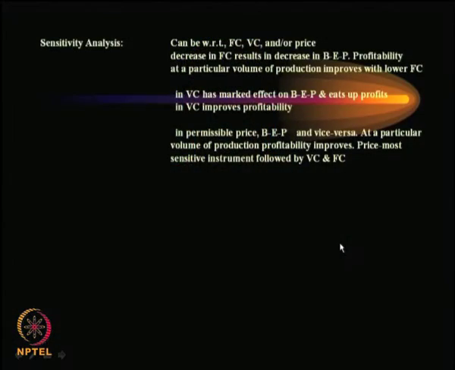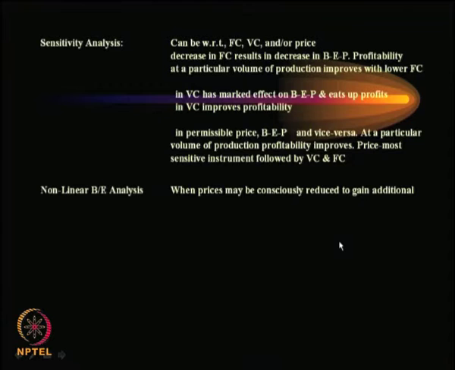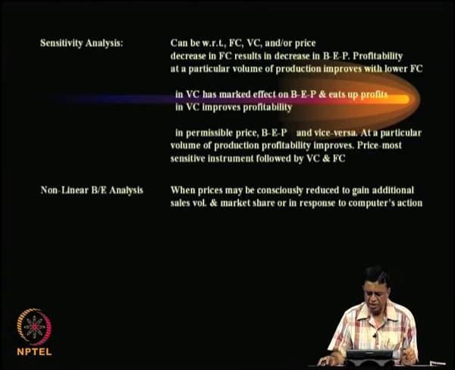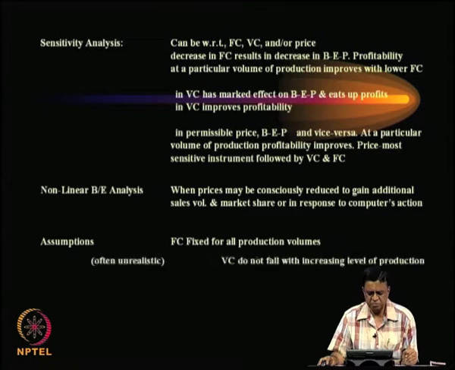Now, given this type of sensitivity analysis, you can do what is called a sensitivity analysis with respect to fixed costs of a company, variable costs of the company and or price. So, price of the product.